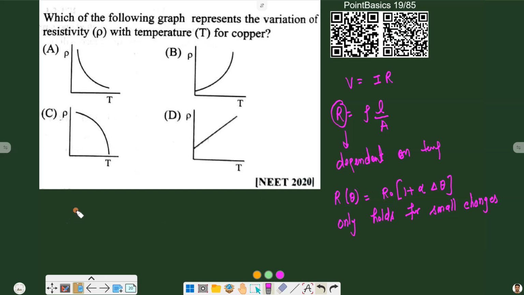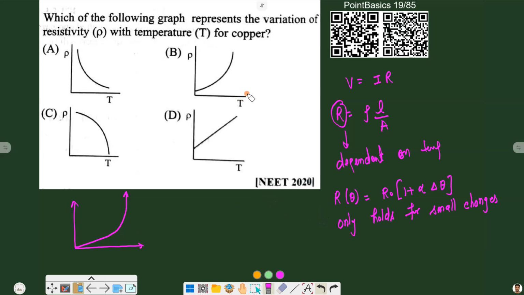But the actual variation of resistance for some metal is something like this. Initially it is linear and then it becomes exponential, because at very high temperatures the positive ions start vibrating very vigorously and electrons have practically no path available to move to the other point, so resistance becomes very large.